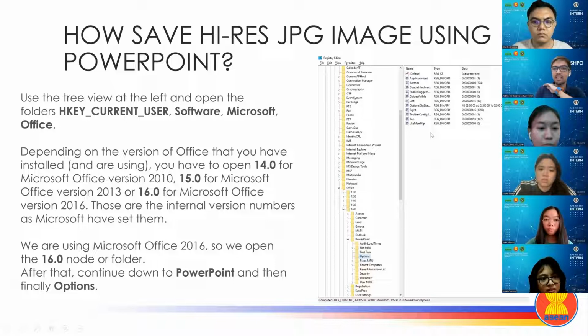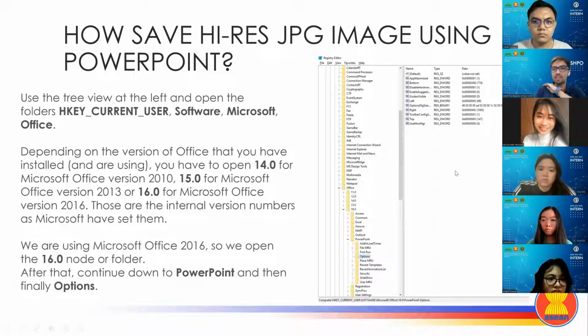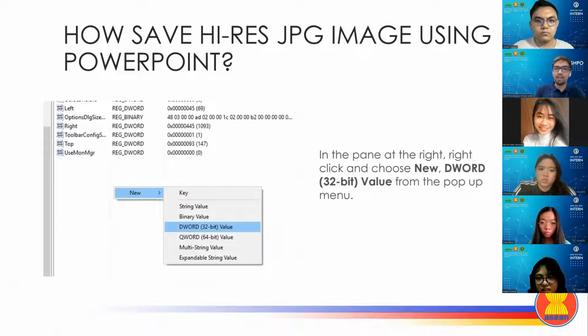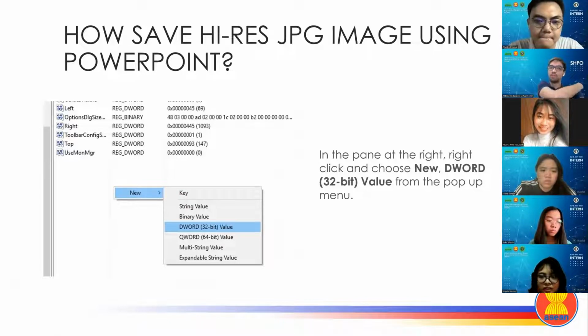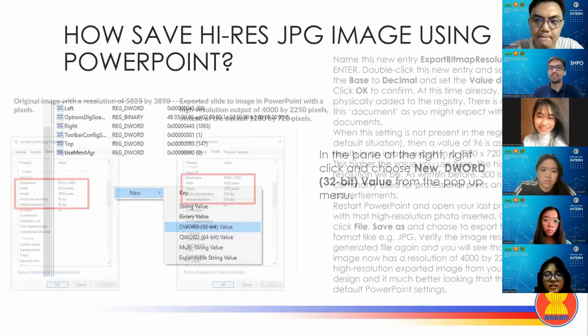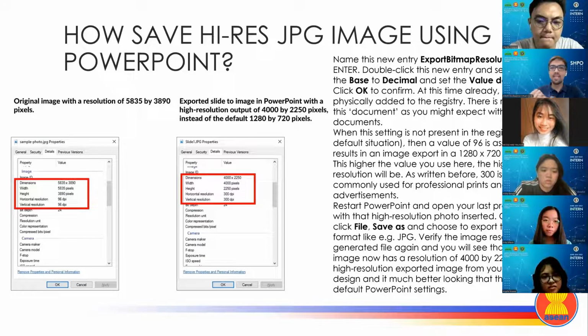Okay. Then you right click on this right pane, on this part. Right click. Okay. Then new. Then DWORD 32-bit value. Okay. Then you name this new entry export bitmap resolution and hit enter.